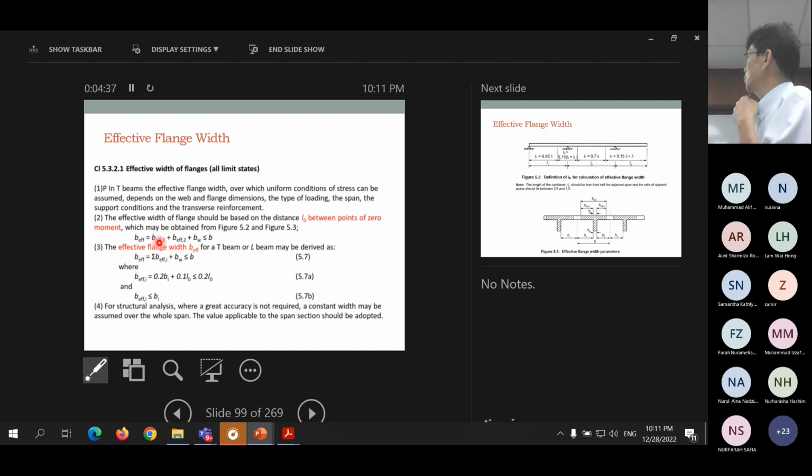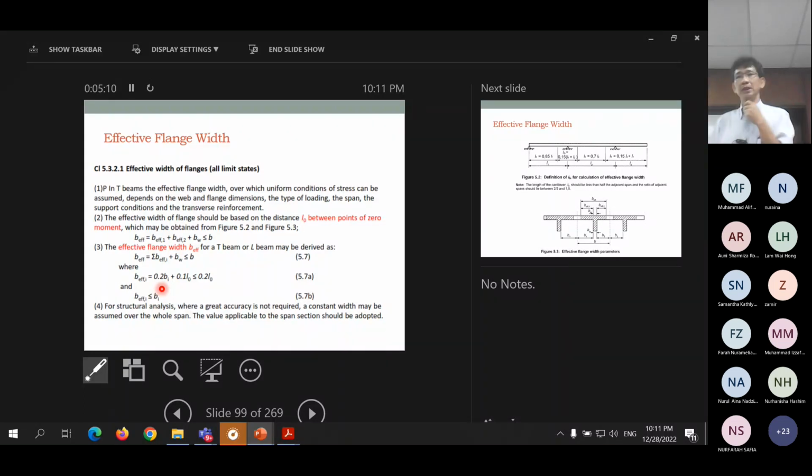So what is BW, B effective 1, B effective 2? B is shown in the next diagram. B effective 1 or B effective 2 is given by these equations, which is 0.2 Bi plus 0.1 L0, and this must be less than or equal to 0.2 L0.